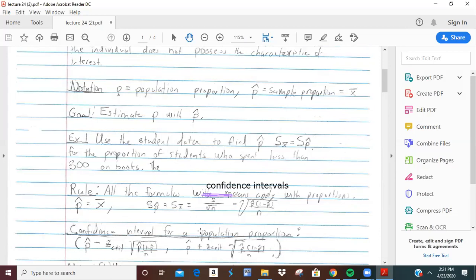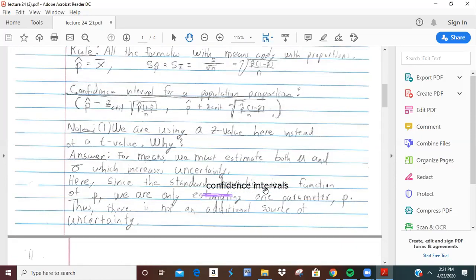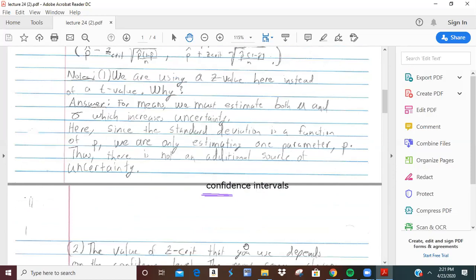So we can go back to that example. Or we could do the one for the polling data that we did in Arizona. So I'm going to go back to the polling data one.